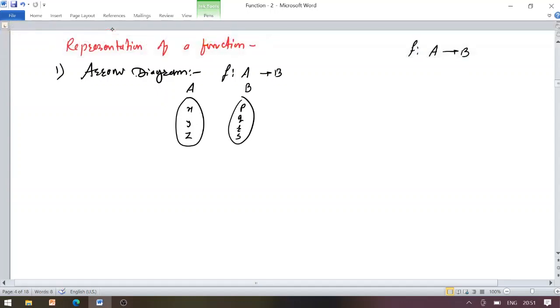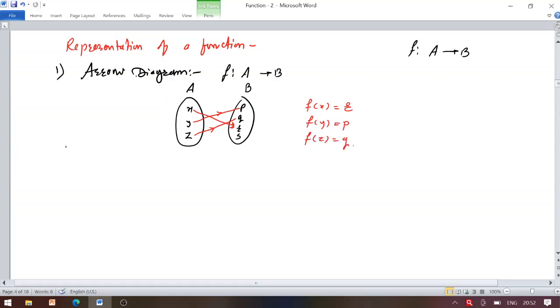Once f is the function, x is related to r here, y is related to p here, and z is related to q. So functions can be denoted by the arrow diagram. You might have the values f of x equals r, f of y equals p, and f of z equals q.